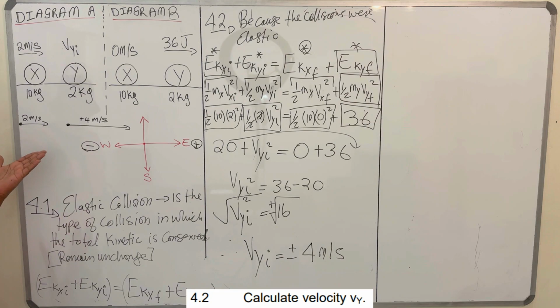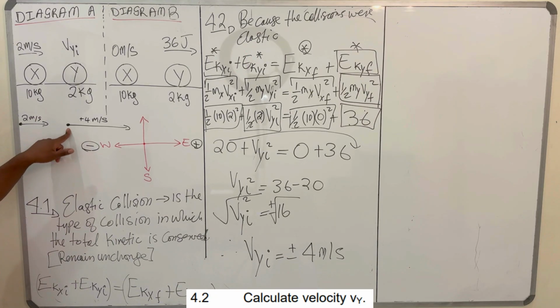But now, if you look at them, these two balls will not collide, because this one, which is ball y, is moving at a faster velocity than this one. And they have the same direction. So we have one ball moving at 4 meters per second east, and the other ball moving at 2 meters per second east. So this one, which is x, moving at 2 meters per second, will not be able to catch up with this one.